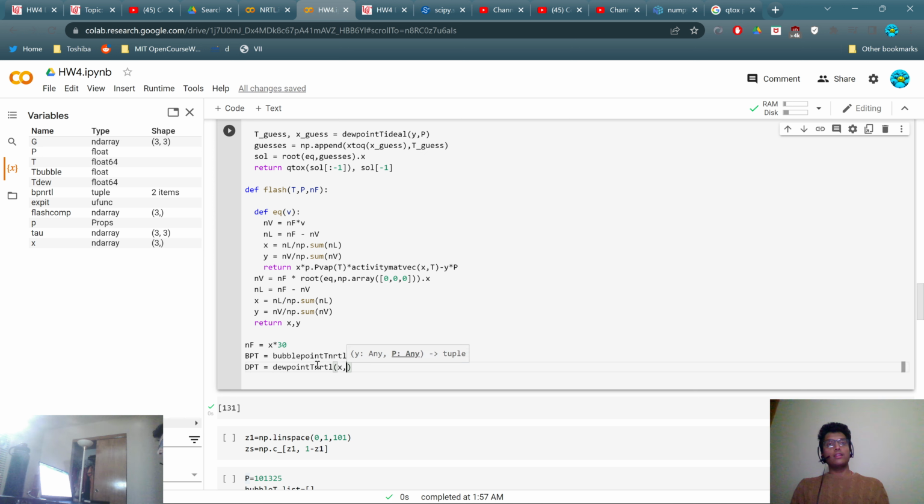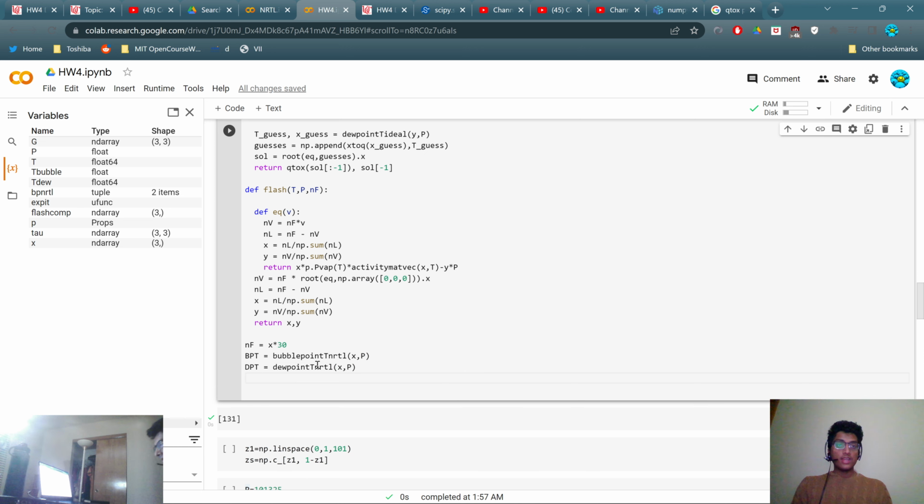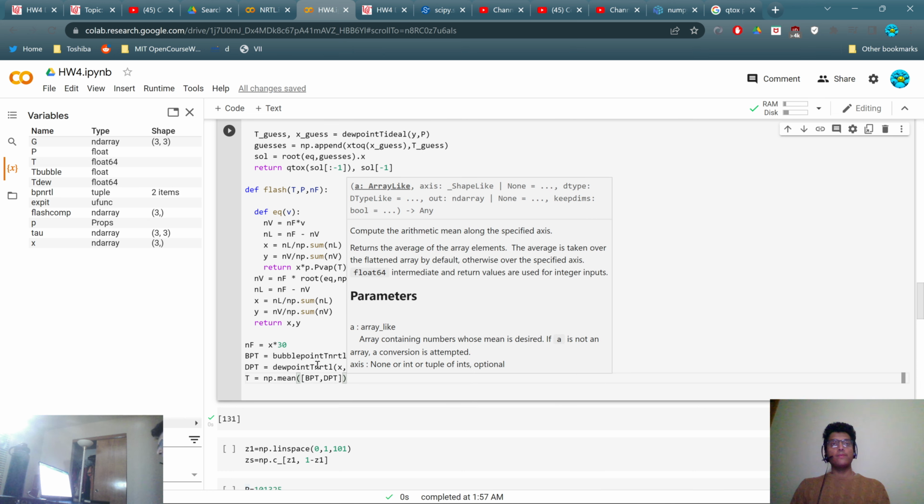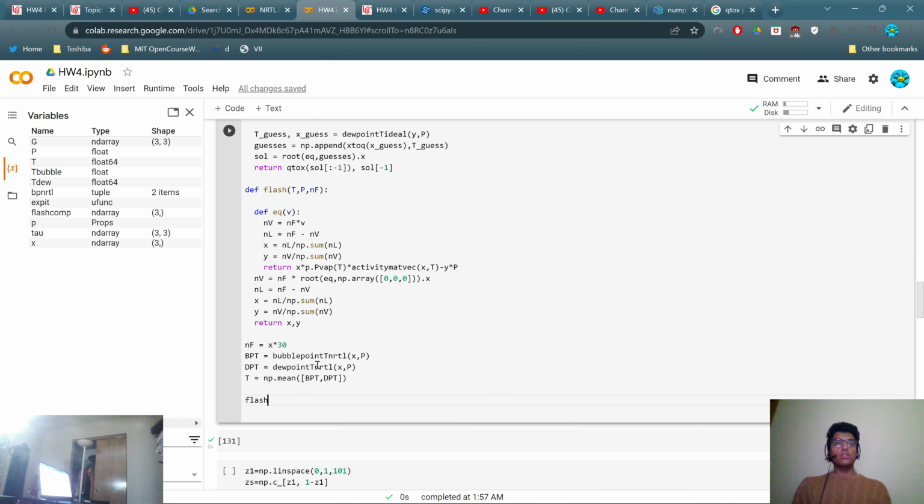X or Y. Sorry, no, but X. Yeah, P. And then our temperature just simply equals NP dot mean of the bubble point temperature, dew point temperature, right? And then so we can go call this flash function, temperature, pressure, NF.